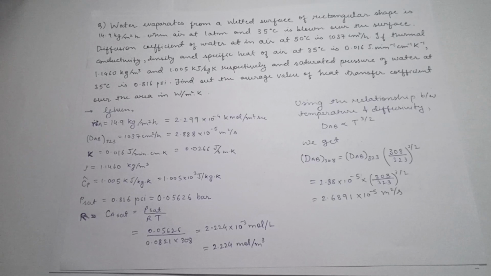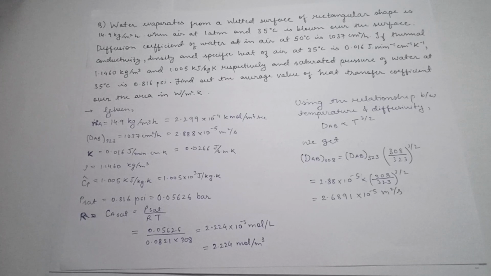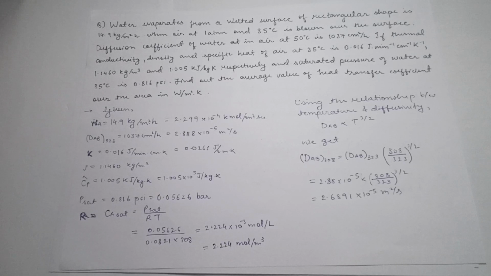Now we need the value at 35 degrees Celsius, since all our other values are given at 35 degrees Celsius, that is 308 Kelvin. So we will use the relationship between temperature and diffusion coefficient, that is DAB is directly proportional to temperature to the power 3 by 2.